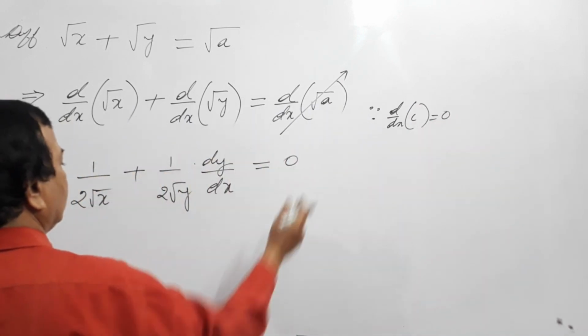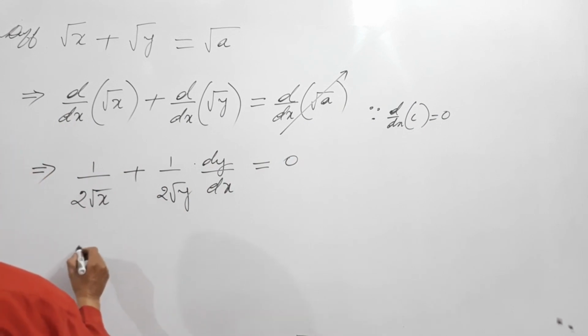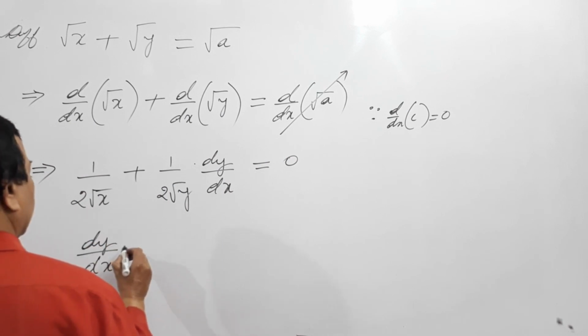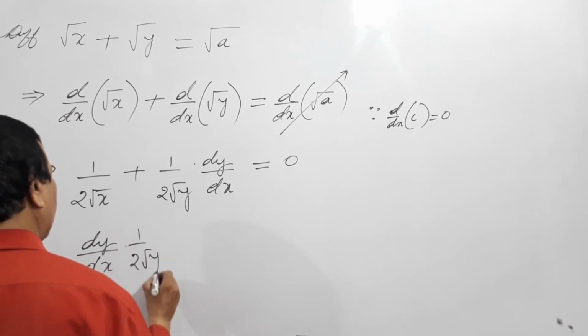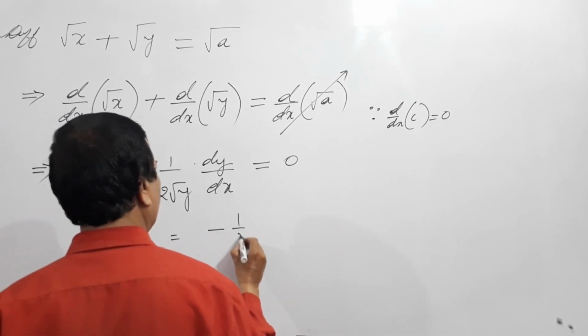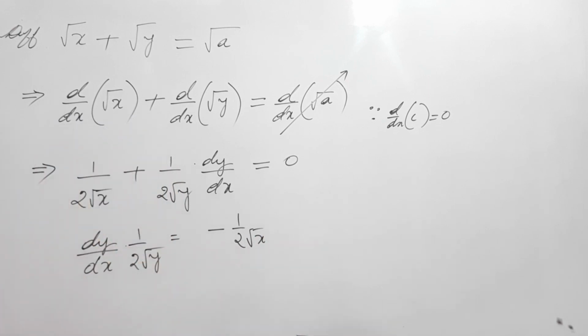So I'll move this towards that side. So what happens to this? dy by dx into half root y equals to minus half root x. So cross multiply.